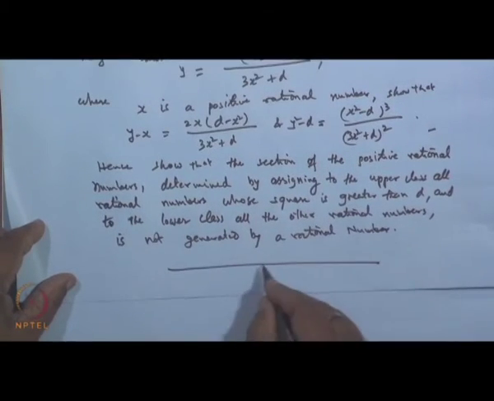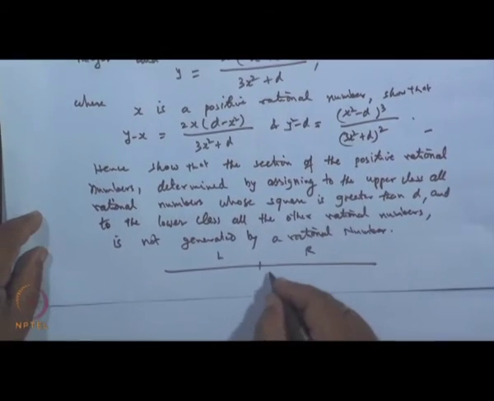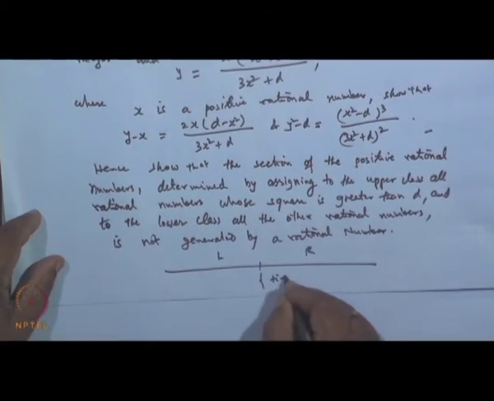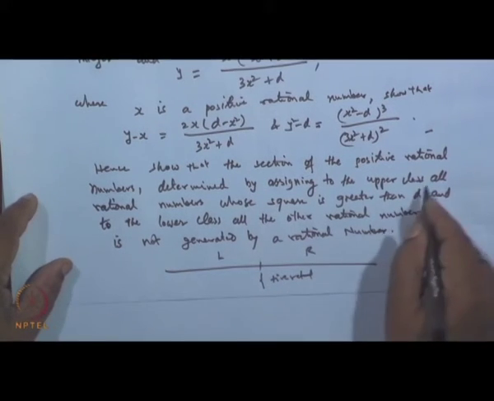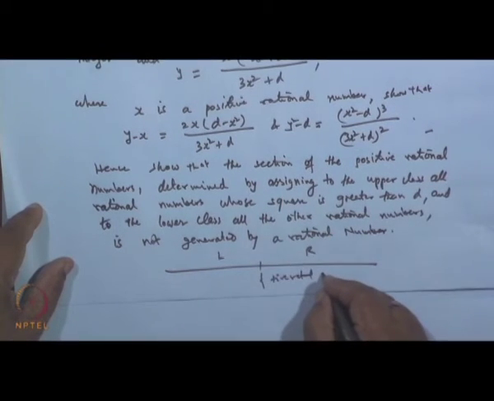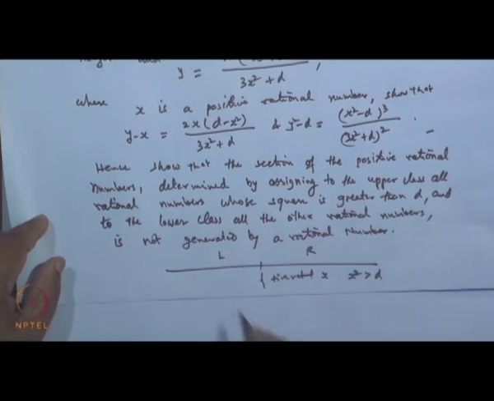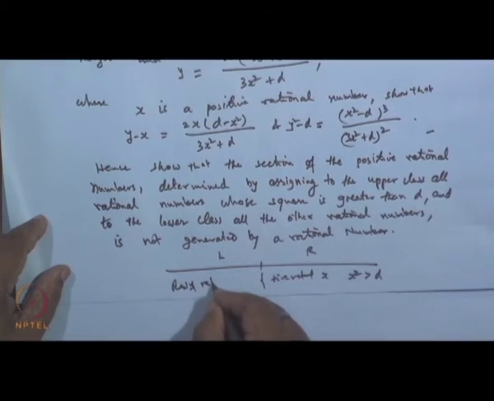Okay. So what is the meaning of this? The meaning is that this is our lower class, this is the upper class. We are taking those positive rational numbers x such that the square is greater than d, and the lower class is the rest of the rational numbers.